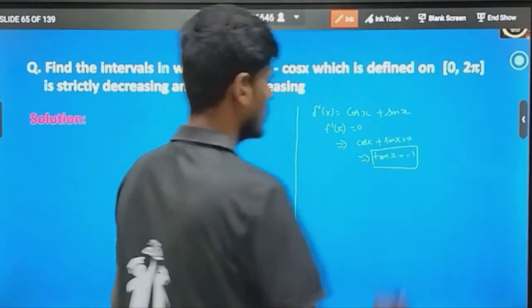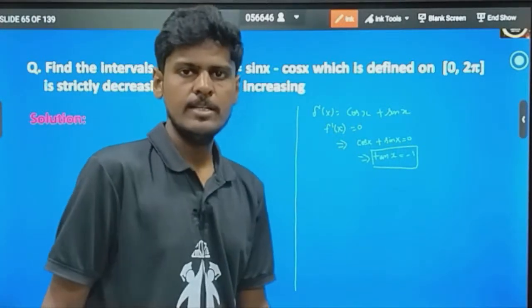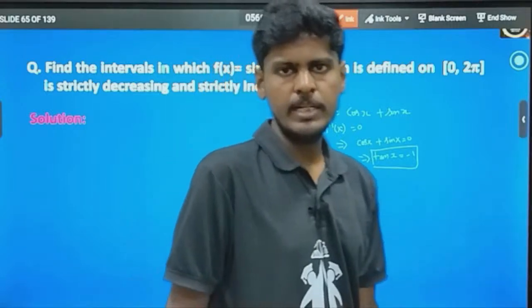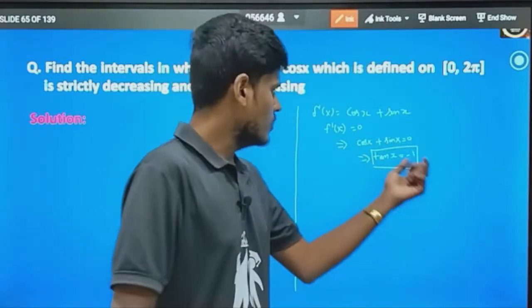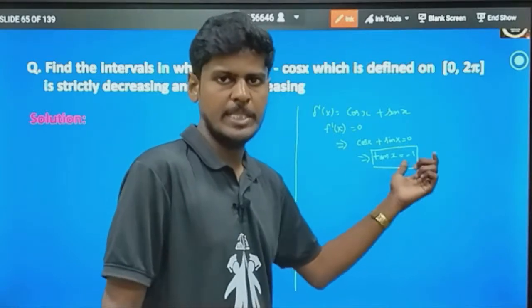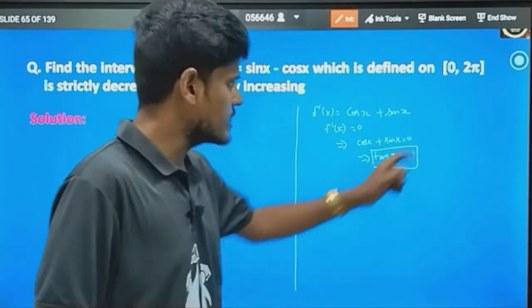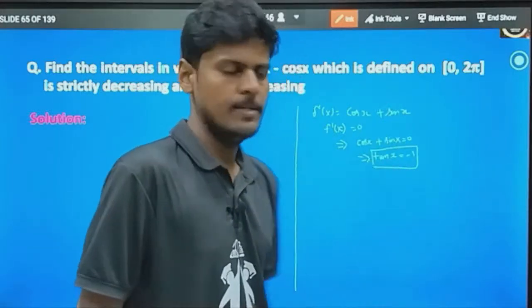When tan x is minus 1, what is the value of x? Tan will be negative in the second quadrant and fourth quadrant, and it is minus 1 at 45 degrees. So 90 plus 45 and 270 plus 45 will be the answer when tan x equals minus 1. Those are the two values required.